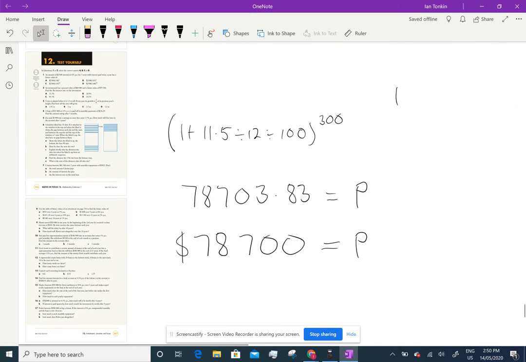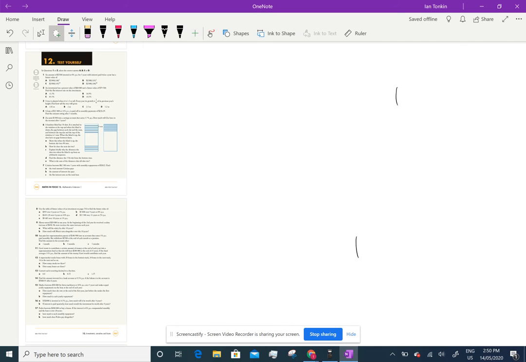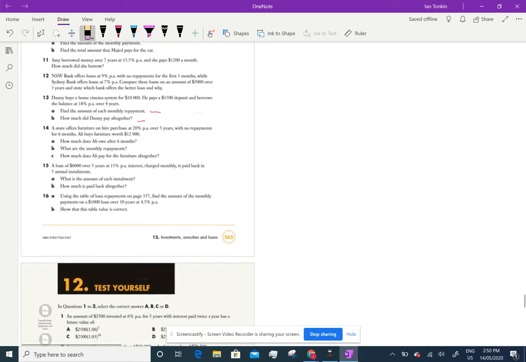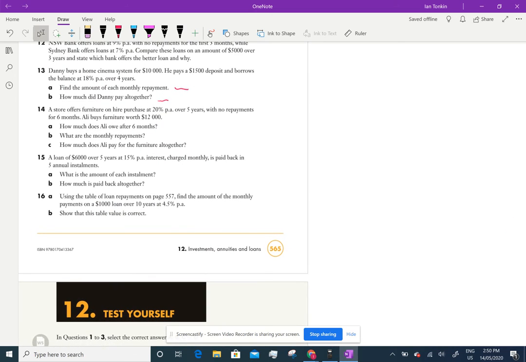I'll just get rid of this. Righto. So 16. Using the loan table on page 5, find the monthly repayments of $1,000 over 10 years. So, okay, 16A.